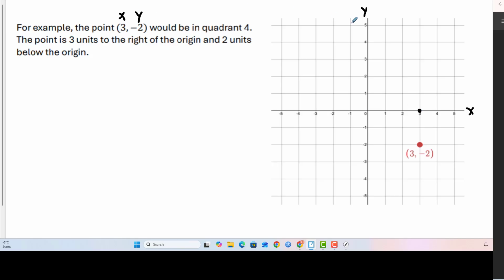Now for y, we look at our y-axis and find negative 2. And we plot the point where these two sections intersect. So negative 2 here, 3 here, and then boom, our point 3 comma negative 2 is exactly here where this red dot is. And that's how you plot a point.